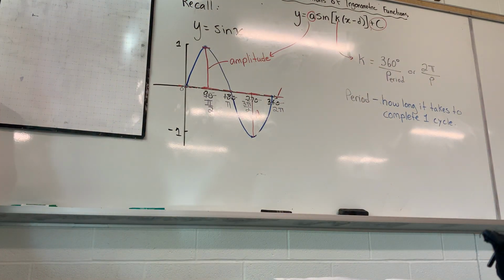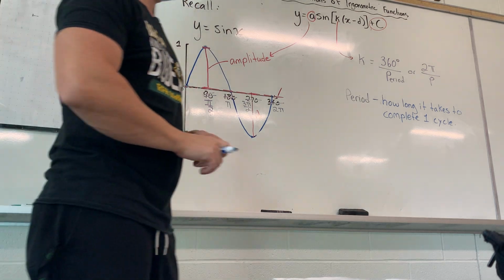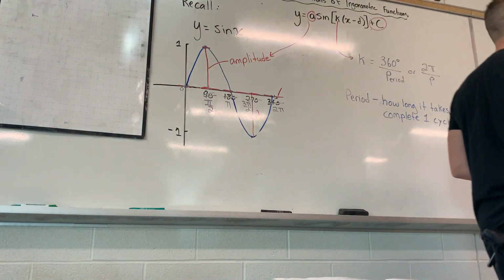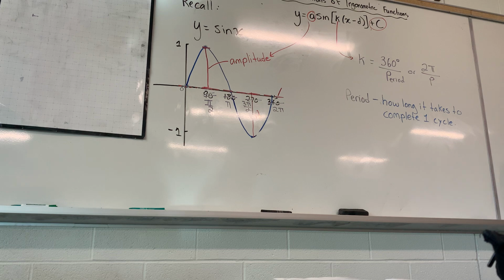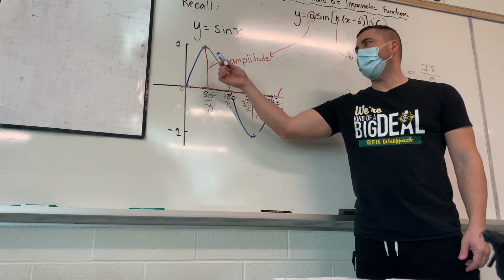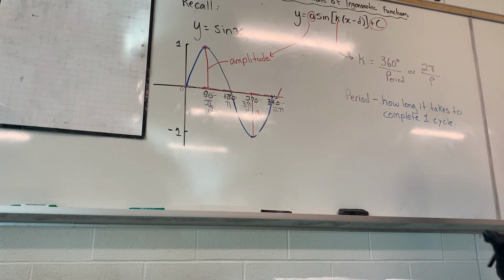Okay, and the last thing I want to talk about is the period. So the period is how long it takes to complete one cycle. So if I was looking at the parent function, how long would it take a sine or cos to complete one cycle? What would it be? Madison? 2 pi or 360 degrees, okay?